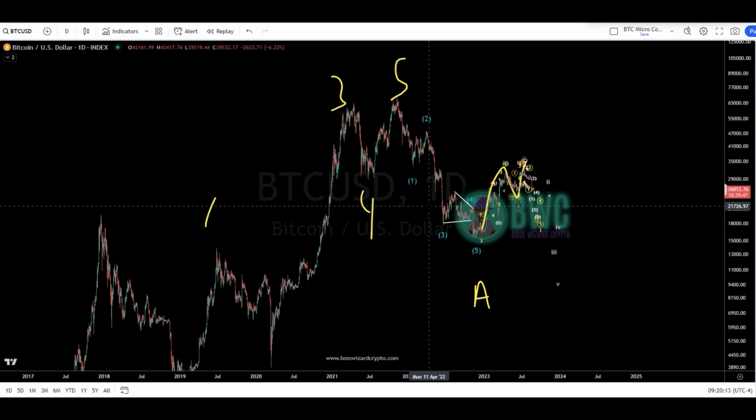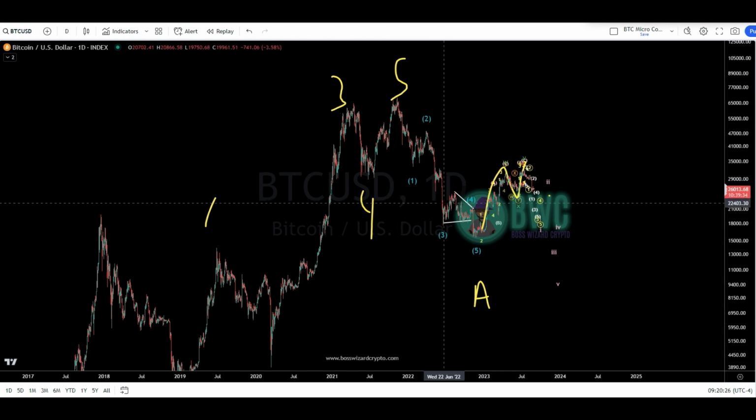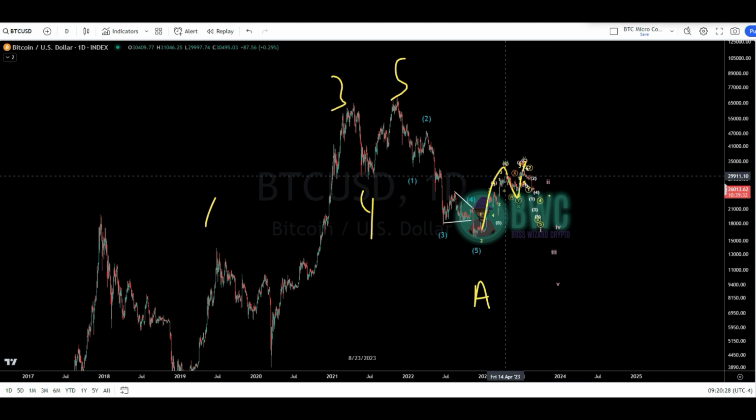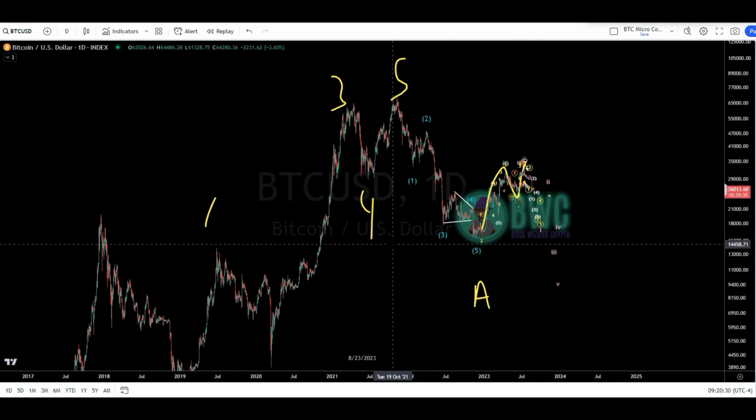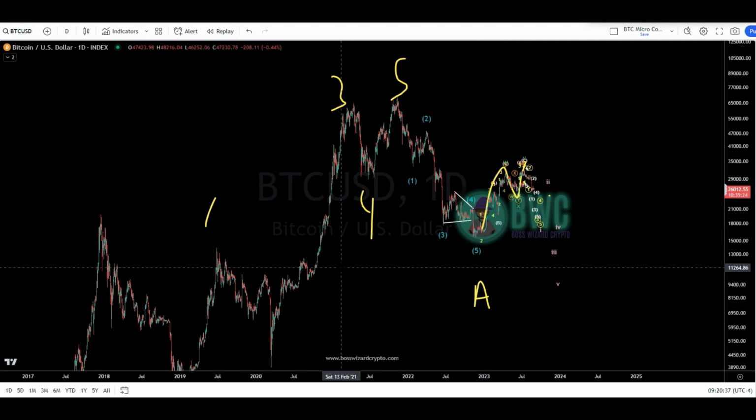A literal textbook description, meets all rules. The proportions are beautiful. If I can isolate an impulse, why am I going to try to pick it apart and make it a flat, make it something that it's not? I don't need to. If it's corrective, it's a zigzag, or double zigzag, same thing. It accomplishes the same objective.